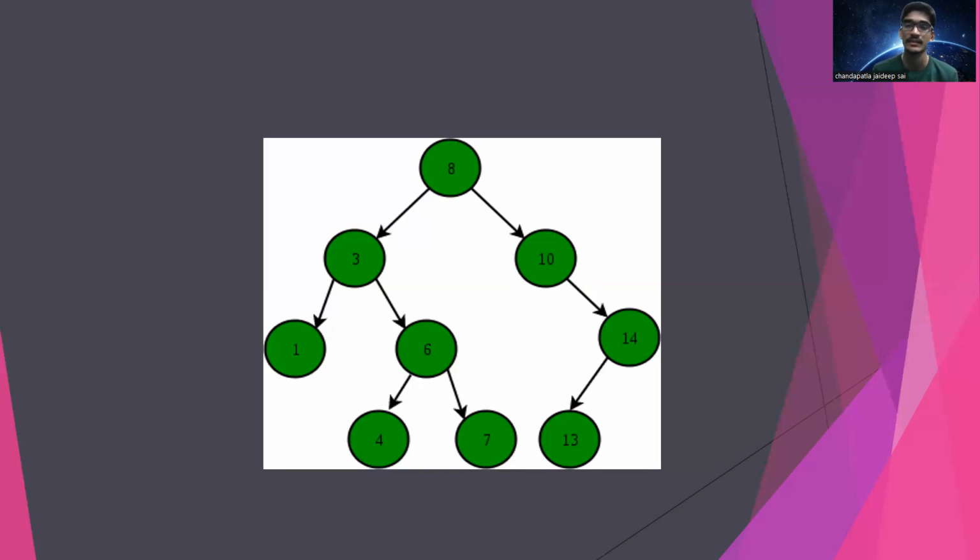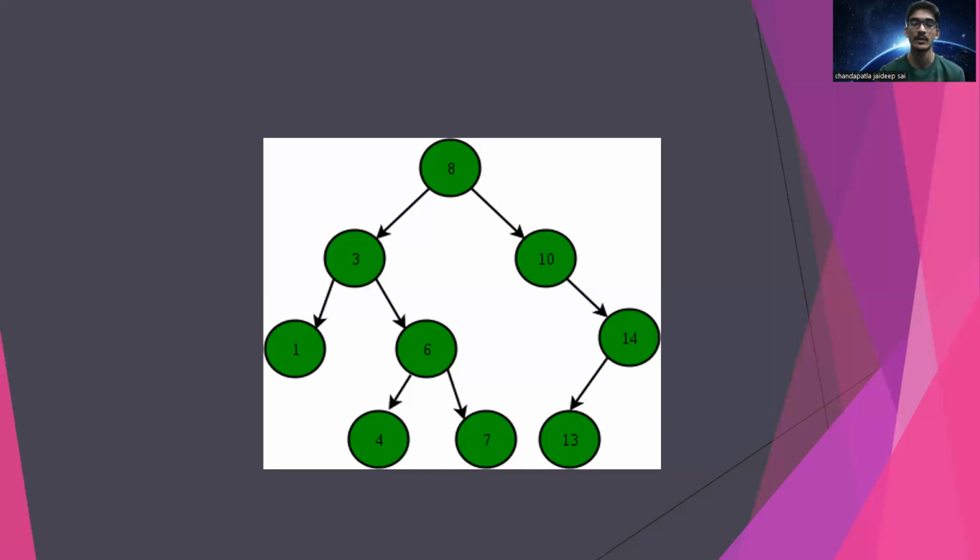It also satisfies the condition of the binary search tree. Now 14 is the root node for 13. 13 is the left child of 14, and 13 is less than 14. So it also satisfies the condition of the binary search tree.